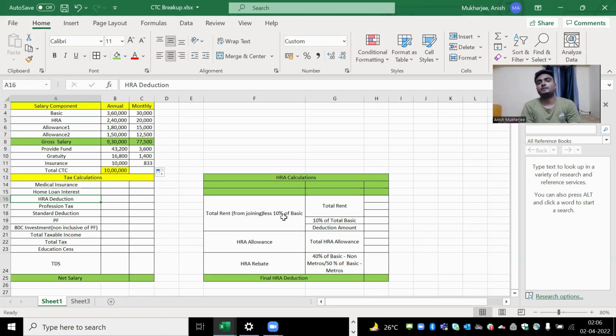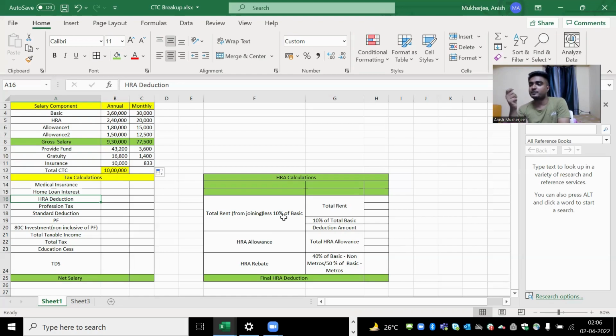Normally the companies prefer that over 1 lakh, you need to show your landlord's PAN card. Below 1 lakh, you will be able to claim it even if you are not giving your landlord's PAN card. Normally people tend not to give their PAN card, right? In that scenario, what I will suggest is you can get the rental receipt generated from your landlord, but you need not submit their PAN card.